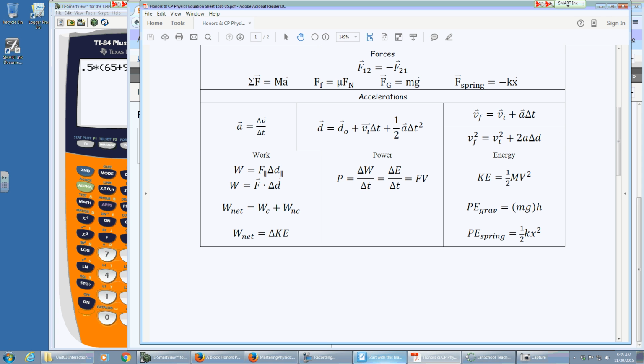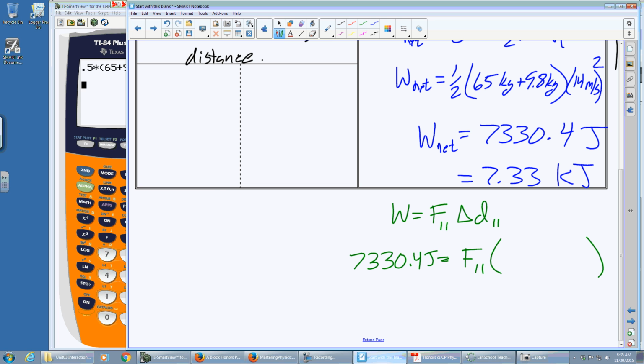Also, I could figure out the acceleration, right? And then I could use other forms. Yeah, I think that's what I'm going to have to do. So okay, acceleration is change in velocity over change in time.